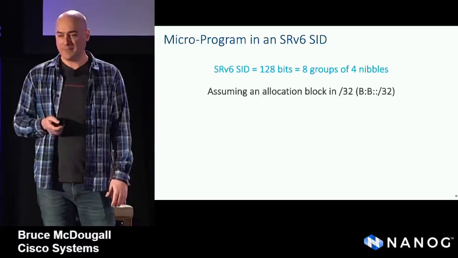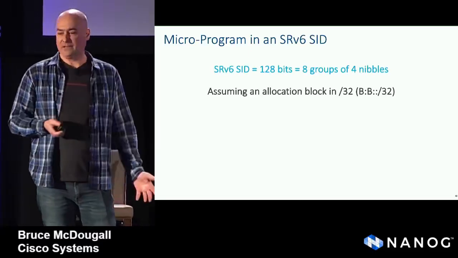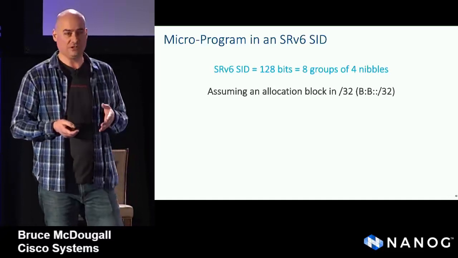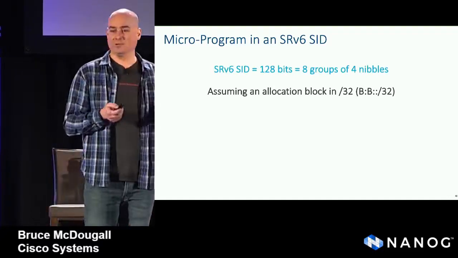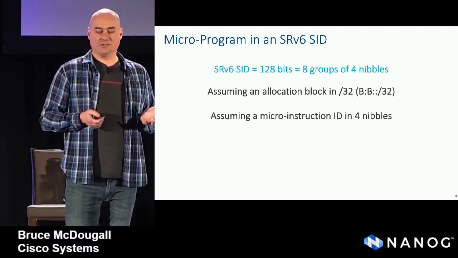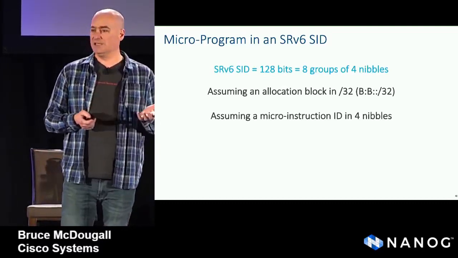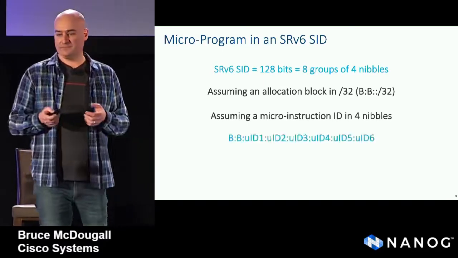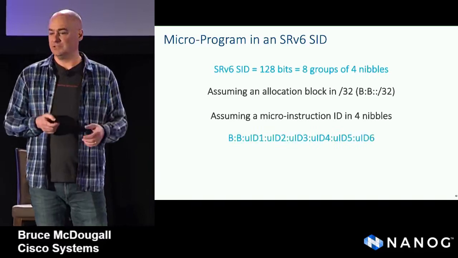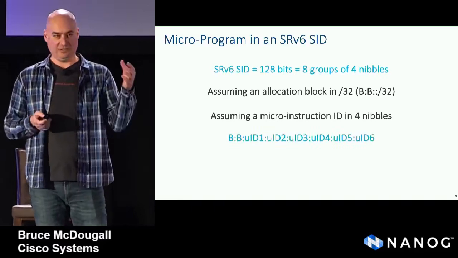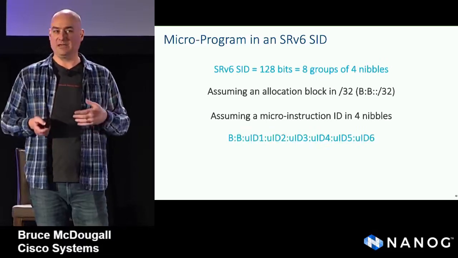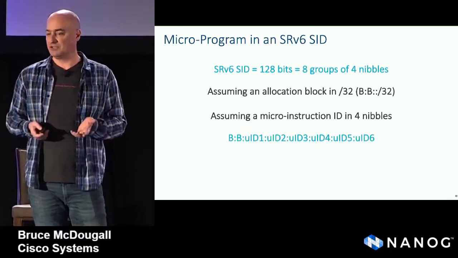So if we assume an allocation block, say a BB/32, and say this is our microprogram block, and micro instructions take 4 nibbles, i.e. 16 bits in length, we can build a destination address or SID that looks something like this: the first 32 bits are the BB block identifying this packet as having a microprogram instruction set.